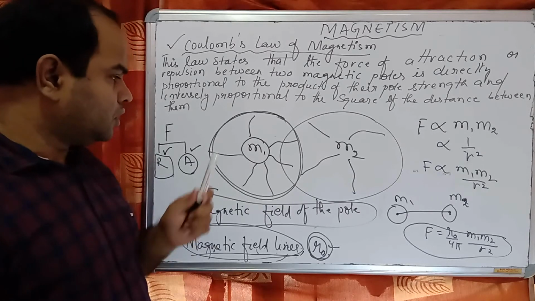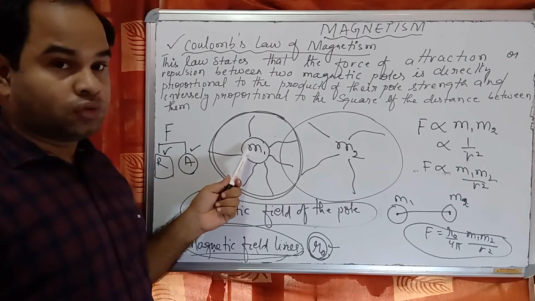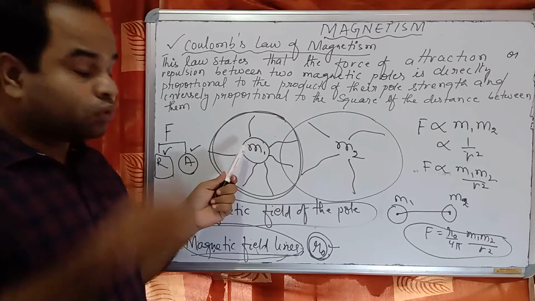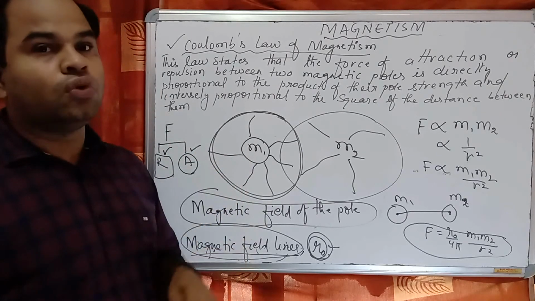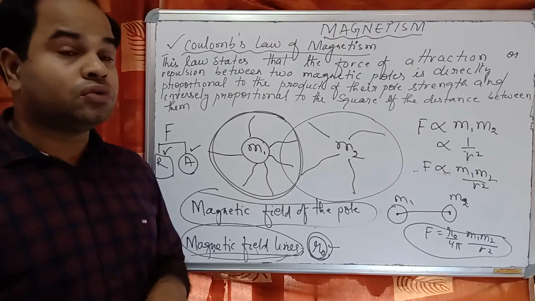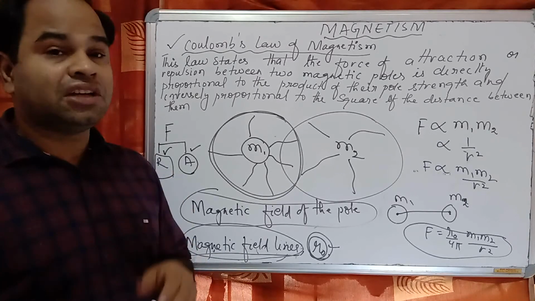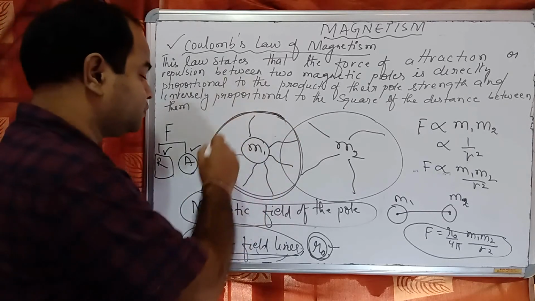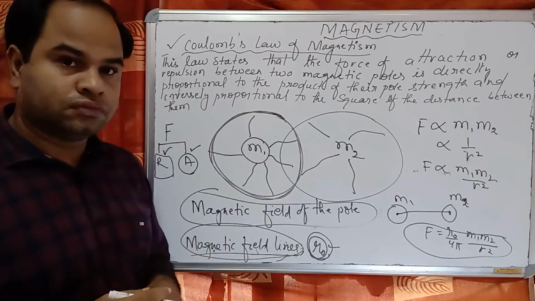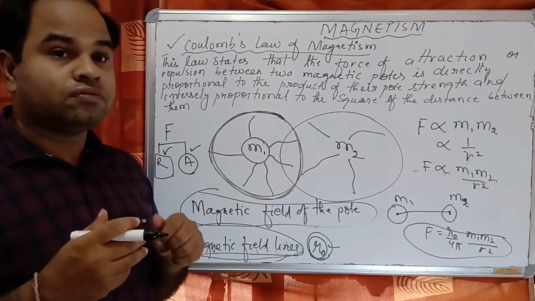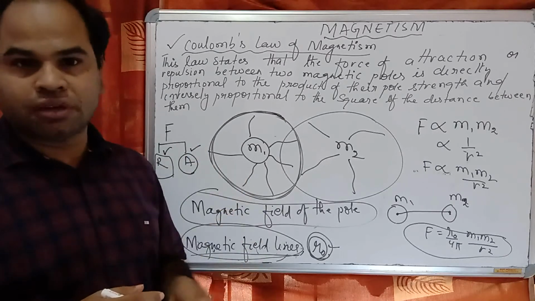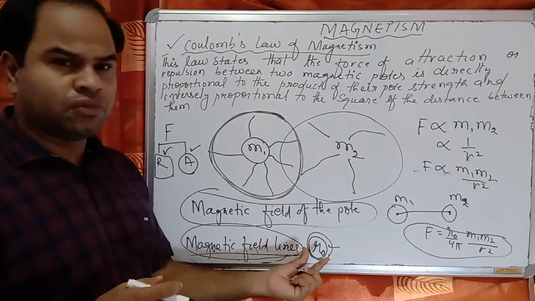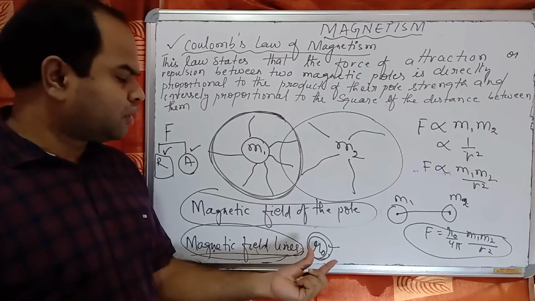First thing, we will take a pole having pole strength m1. This pole will produce a magnetic field around itself. We will take a pole having pole strength m1 placed in air medium. Any medium, but here it will be air medium.